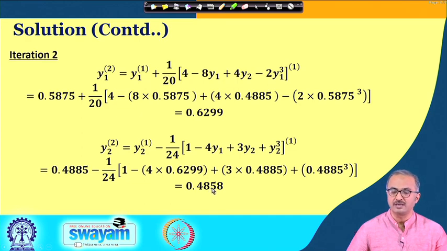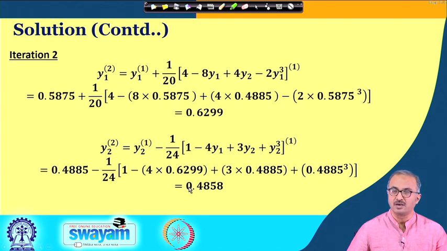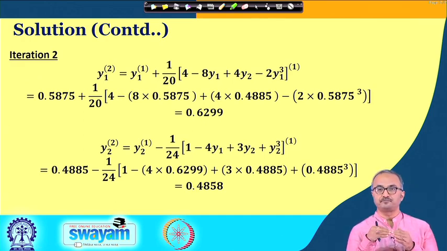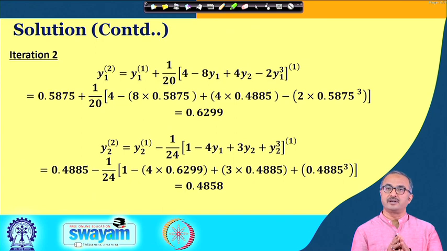If you look at these two expressions, it seems that for y2 with this particular choice we are able to converge faster than for y1, and it is very much possible that different roots will converge at different rates to the solution, and then whenever you are checking for convergence, you have to check for convergence for each of the roots separately.